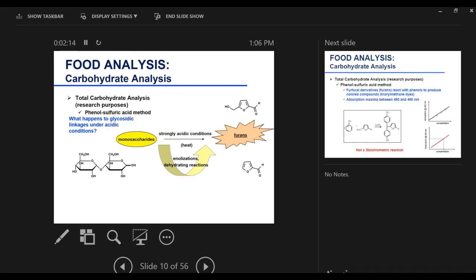So this is the assay that you're going to run in the lab, and this assay is done either for research purposes. That means when you have an isolated sample that is mostly carbohydrate, nothing much else is in it, or it can be for juices, and that's what you're going to do next week, where you're going to determine in beverages total carbohydrate, not necessarily juices, but beverages.